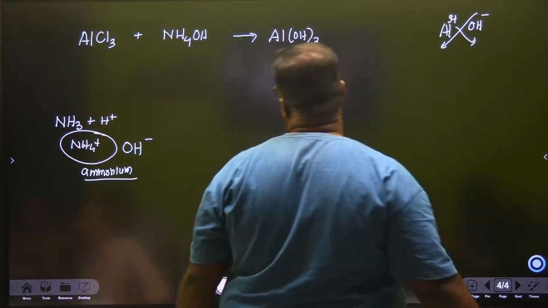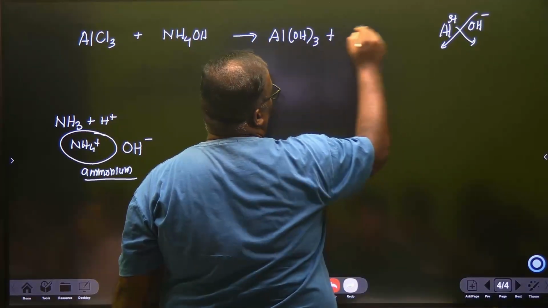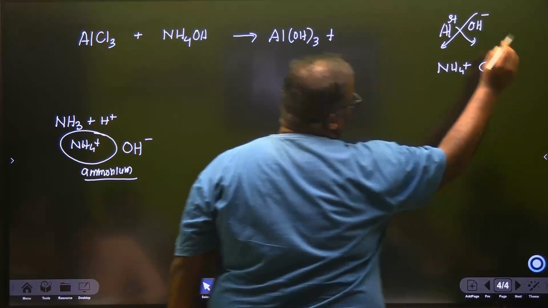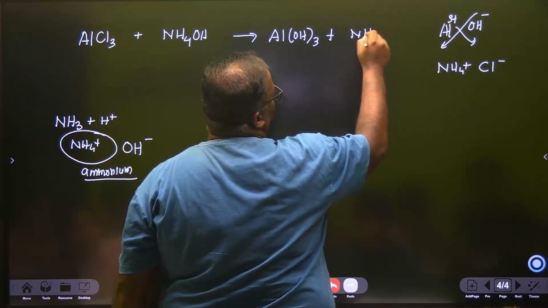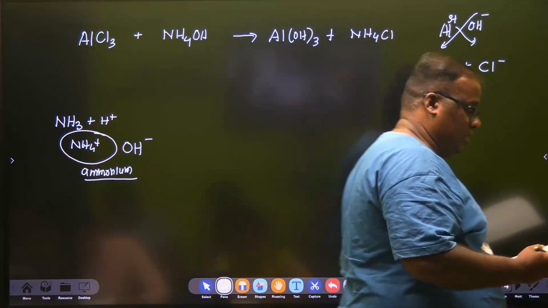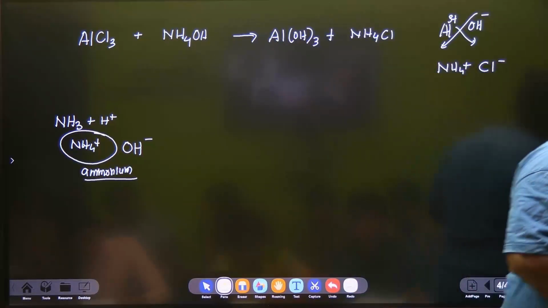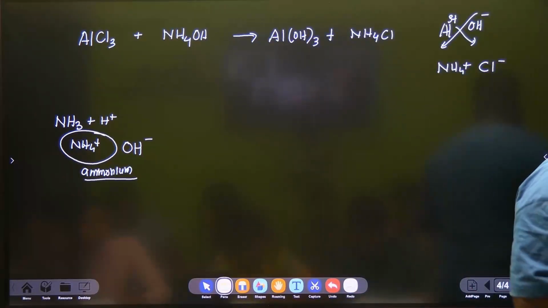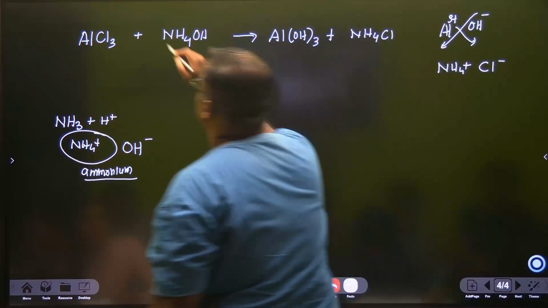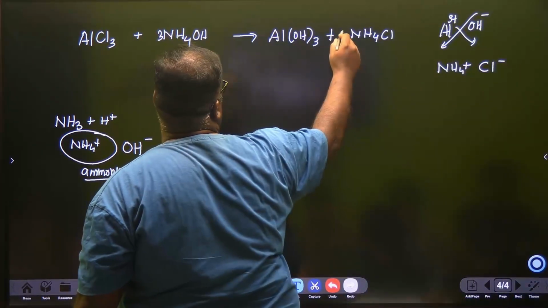And on the other side you will have ammonium chloride. Ammonium is NH4, chlorine is Cl, so it forms NH4Cl. All aqueous. Aluminium hydroxide is a precipitate. You can balance this: 3 on this side and 3 on this side.